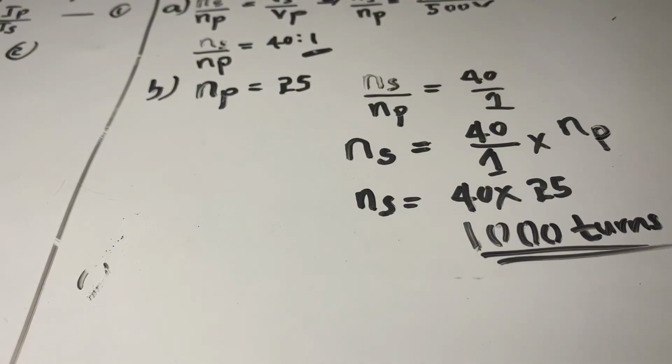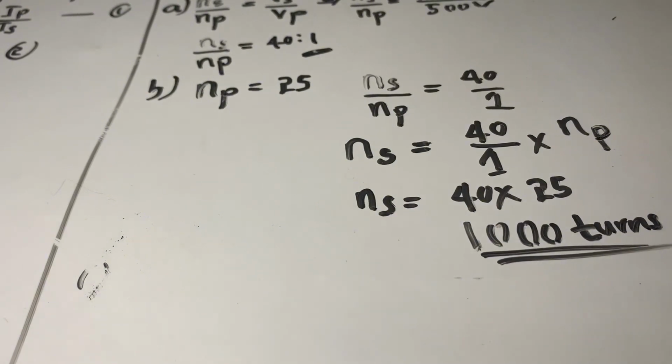Now we should note that in this question, the generator is the primary coil, and the overhead cable is the secondary coil of the transformer. So to calculate the current that has been fed into the cable means that we have to calculate the current at the secondary coil. So we have to calculate the current at the primary coil, and then we establish the relationship and equate it to the current at the secondary coil, and then we can proceed to do that.